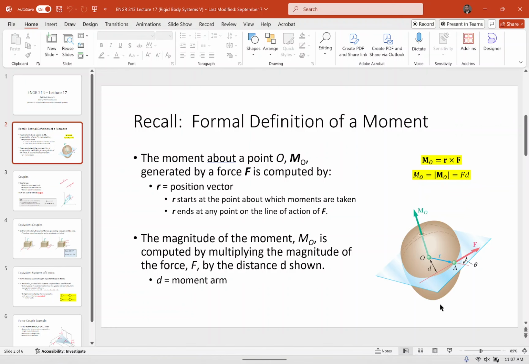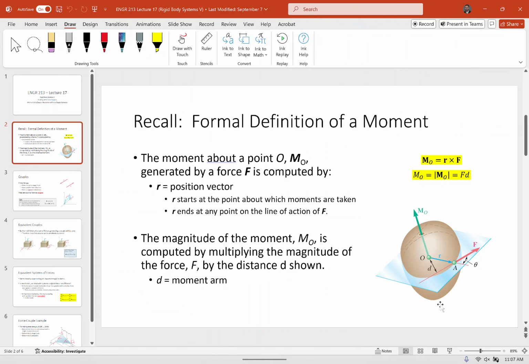And I propose that this system and this system are equivalent. You see what I did? So what I'm doing here is this system, I'm taking 2 forces, replacing it with nothing. Here I'm taking 2 forces, replacing it with a single moment.